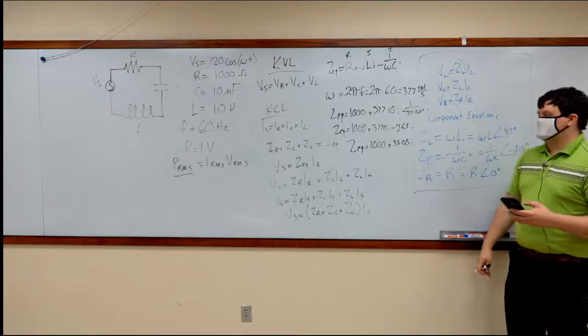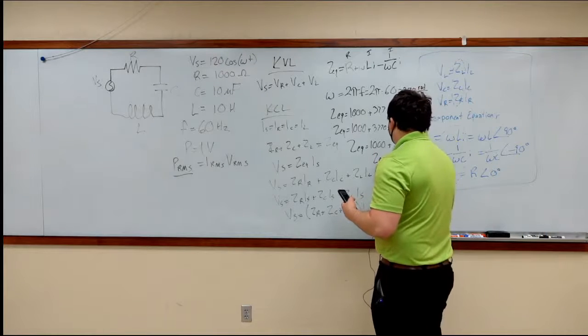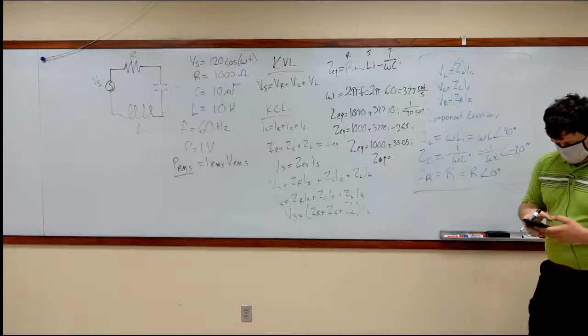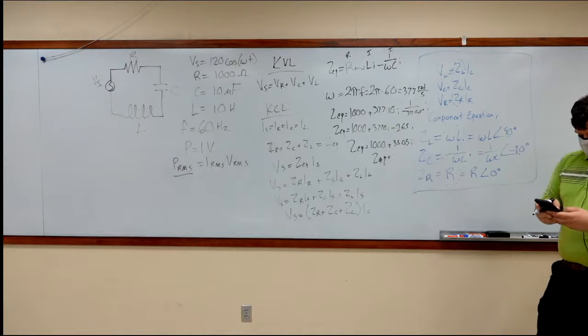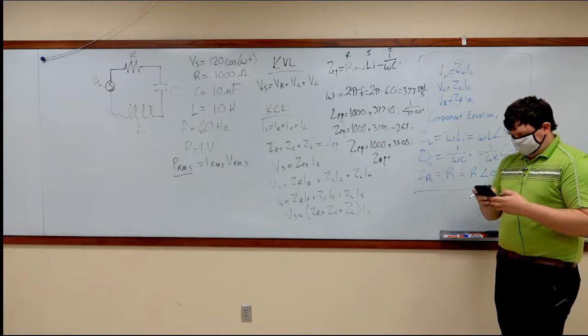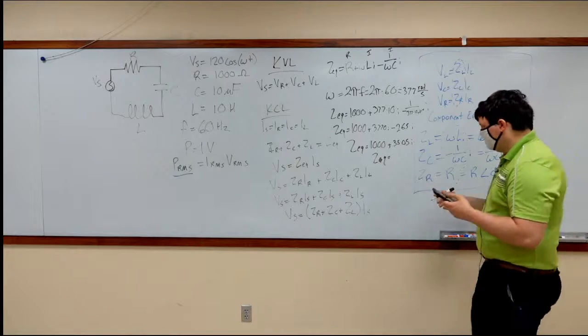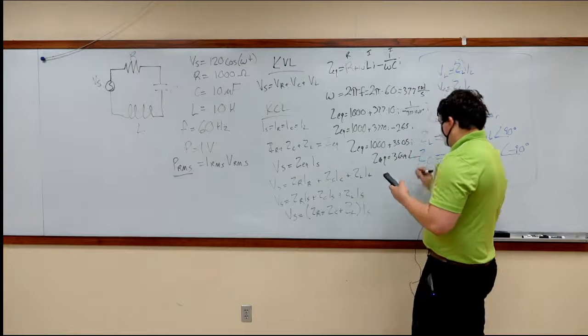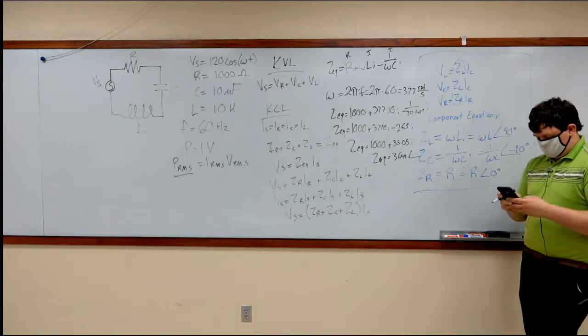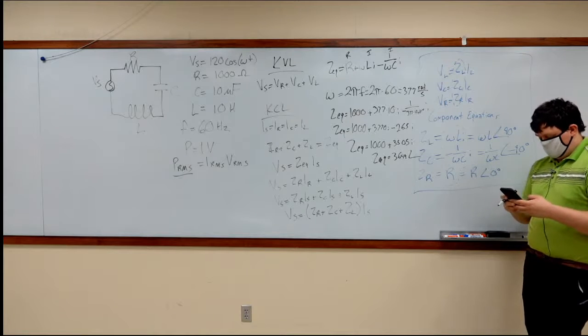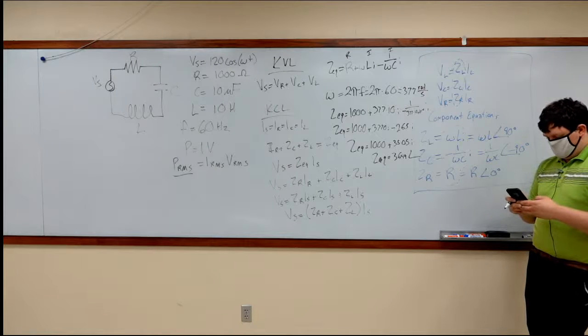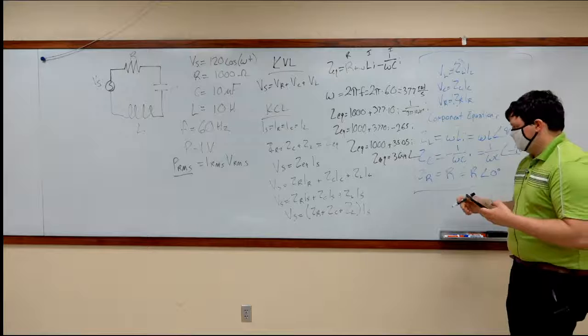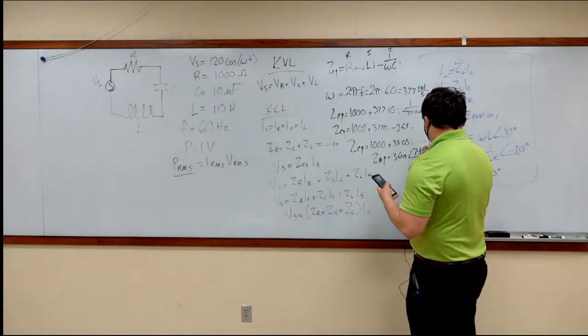If we go ahead and put this as a phasor, that means that Z equivalent, I'll just do some quick head maths, is 36.44 at an angle of 74 degrees.